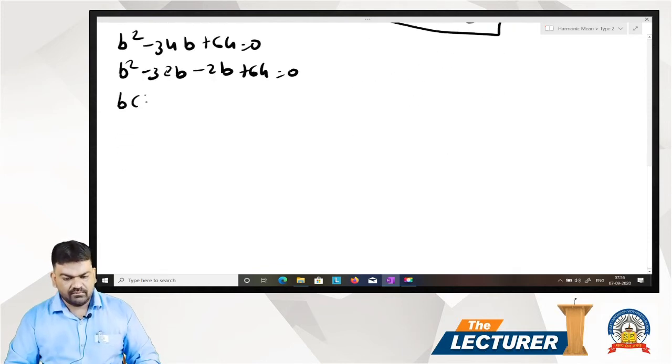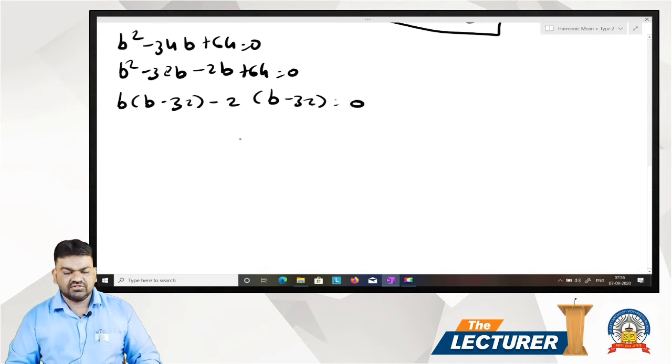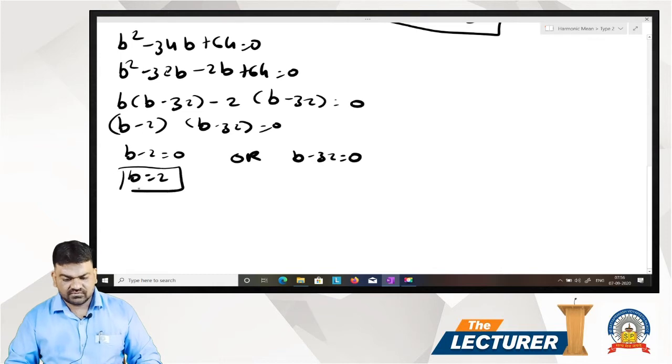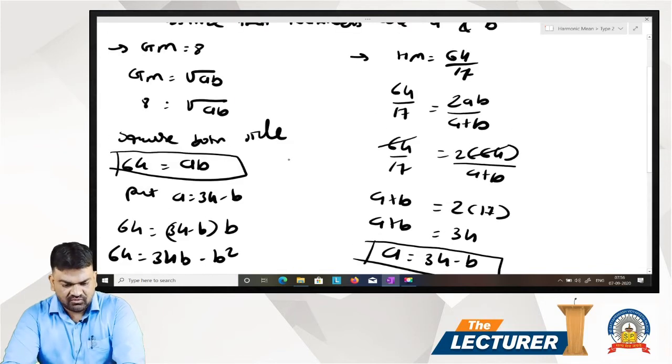Here B common, B minus 32; here minus 2 common, and the sign inside changes. So b minus 32, b minus 2 is equal to 0. So b minus 2 is equal to 0 or b minus 32 is equal to 0. b is equal to 2 or b is equal to 32.